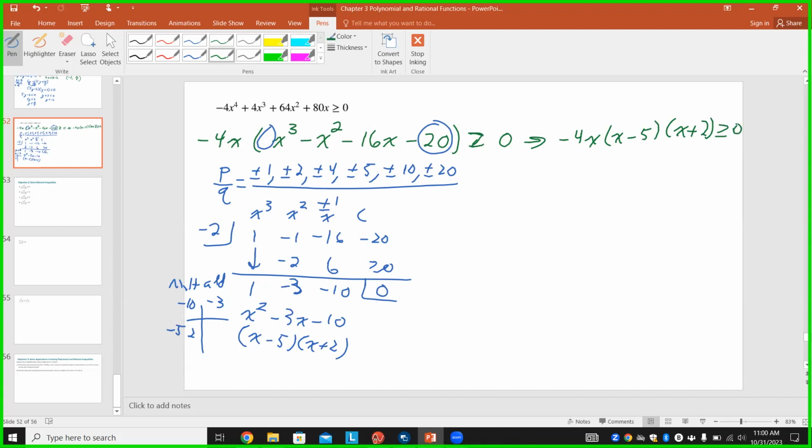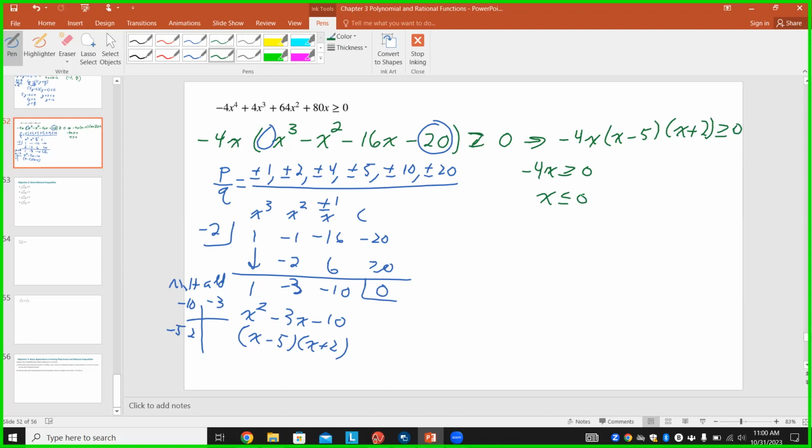So let's find our boundary numbers by basically setting them all greater than or equal to 0. So negative 4x greater than or equal to 0 would be 0, but because I'm dividing by a negative, I would flip the inequality sign. So now it becomes x less than 0, but we're really just looking for boundary numbers, so we don't even know if it'll go that direction.